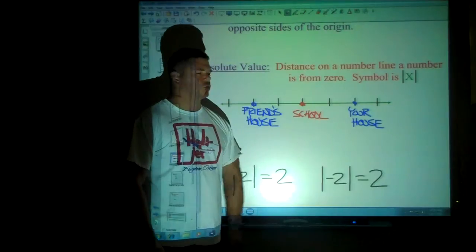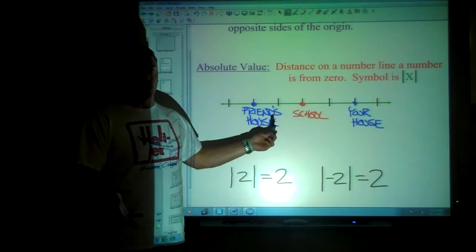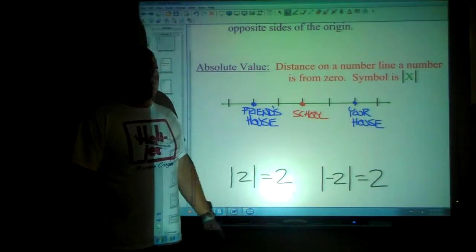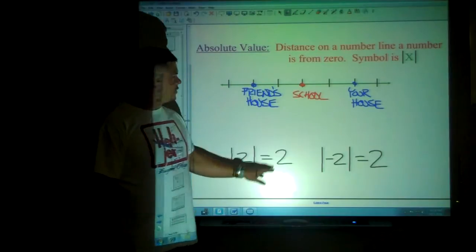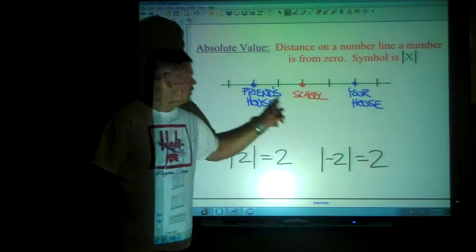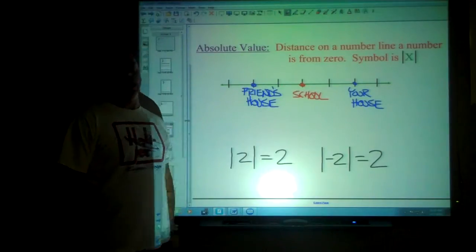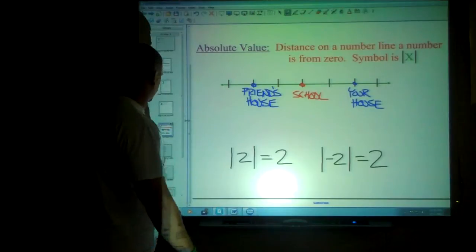You're 2 blocks from school. How many blocks is your friend from school? Also 2 blocks from school. You wouldn't say your friend is negative 2 blocks from school. It's the distance. So the absolute value of 2, right here, is 2. The absolute value of negative 2, how far away is it? It's 2 units away. The distance it is from 0 is what you're actually looking at.